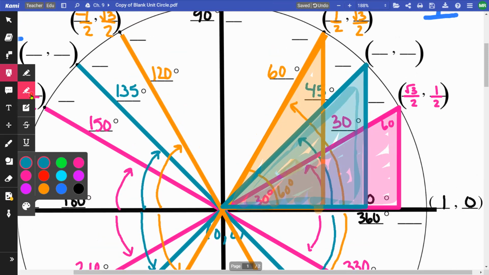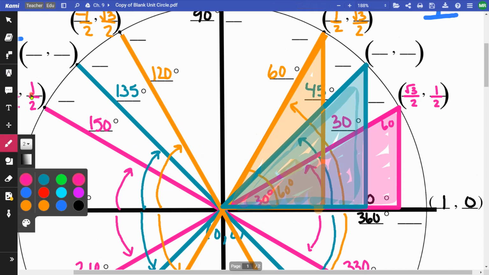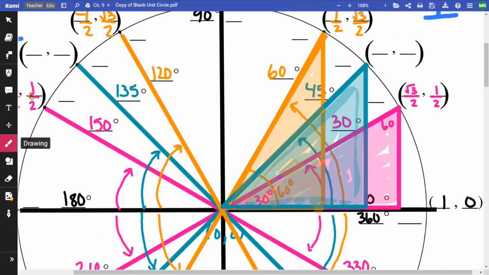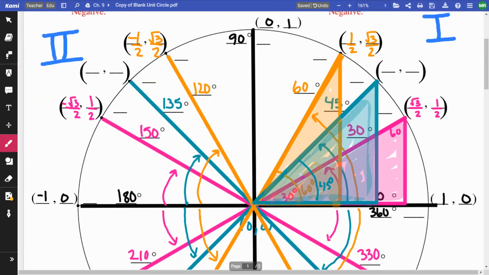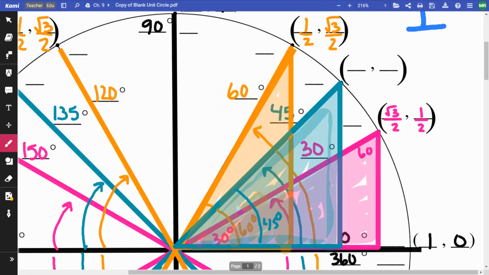Now, for this one, again, this angle here is my 45 degrees. But regardless, it's a 45, 45. So what that means is here, this is going to be root 2/2, comma, root 2/2. And then I'm going to fill that in each of the other ones, just changing the signs depending on my quadrant.